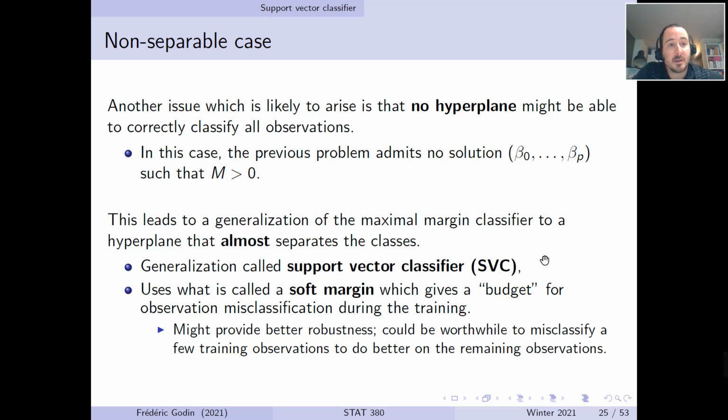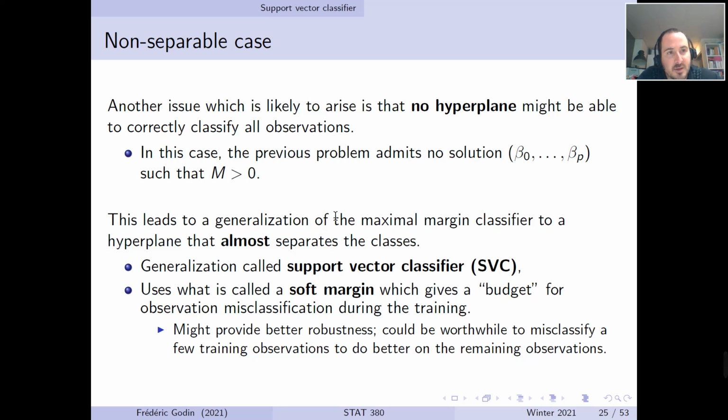Okay, so this is one issue, and another issue is that for many data sets, there might exist no hyperplane which is able to correctly classify all observations. Sometimes there exists no separating hyperplane. So the optimization problem we've outlined sometimes cannot yield any solution for m greater than 0.